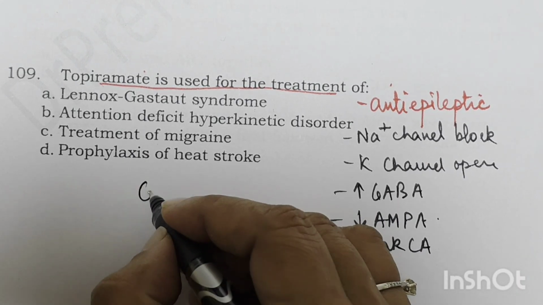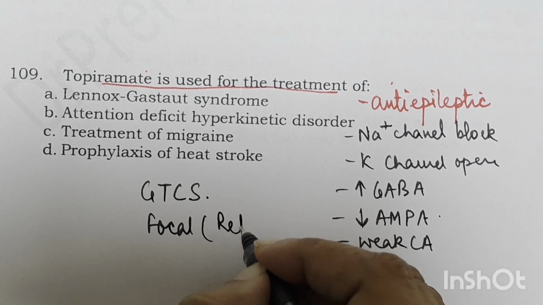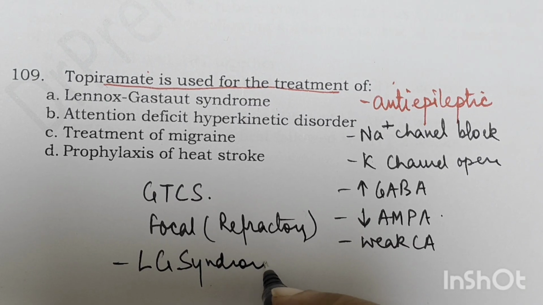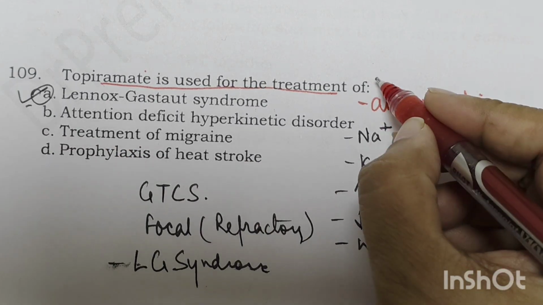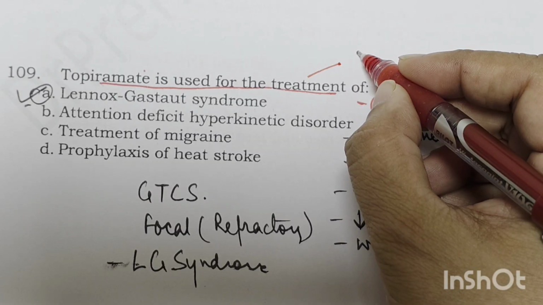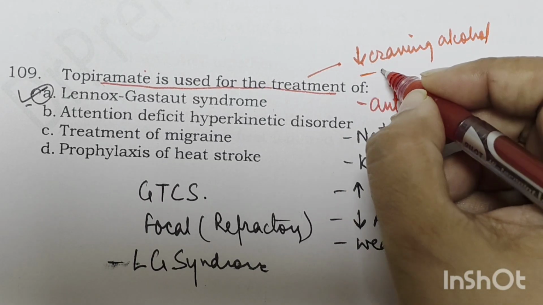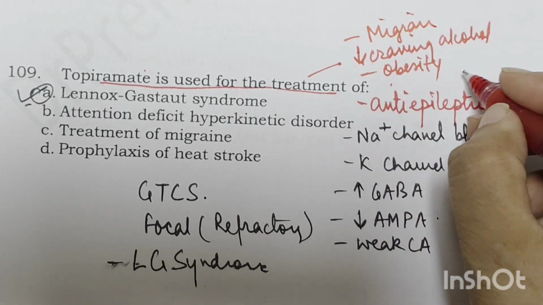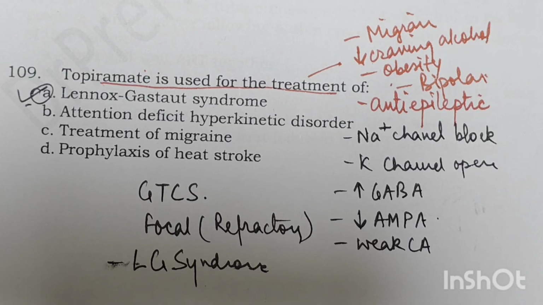It is particularly useful in GTCS, focal seizures, even when they are refractory, and Lennox-Gastaut syndrome. So this drug is used in the treatment of Lennox-Gastaut syndrome. Apart from epilepsy, this drug is also effective in reducing craving for alcohol, obesity, migraine prophylaxis, and bipolar disorder. So these are more uses of topiramate.